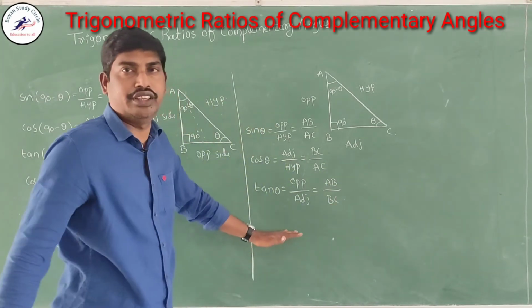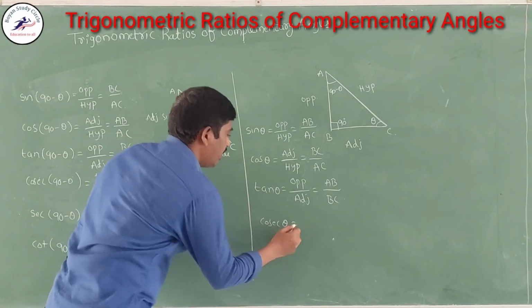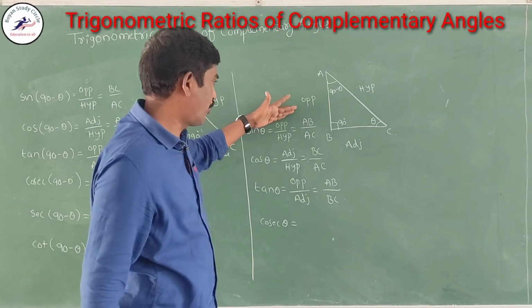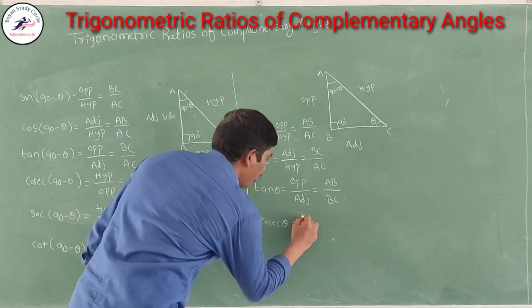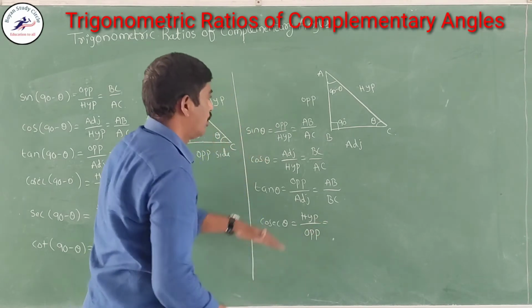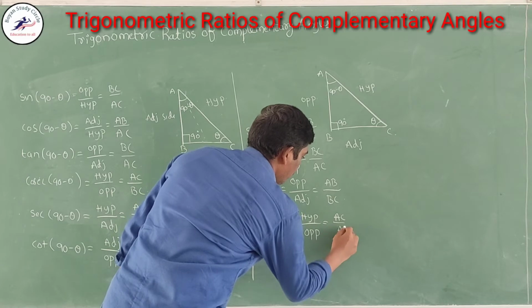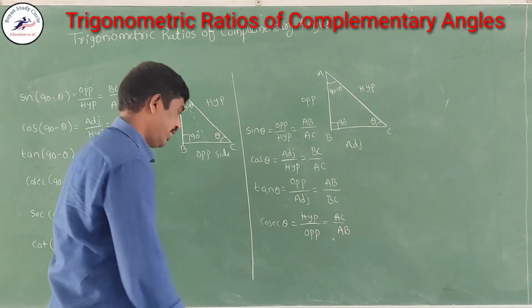Okay. Next ratio is cosecant theta. Cosecant is reciprocal to sine, so that is hypotenuse by opposite side, which is equal to AC by AB. Next ratio is secant theta.